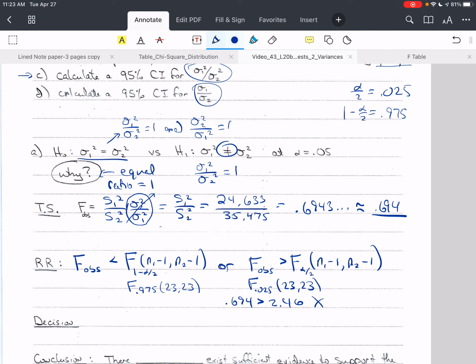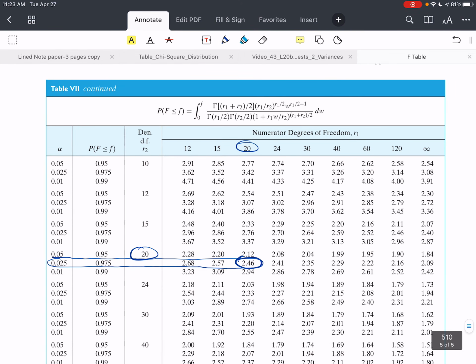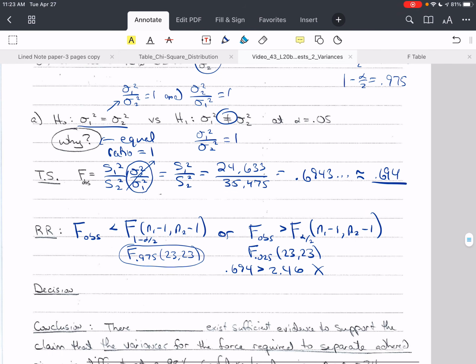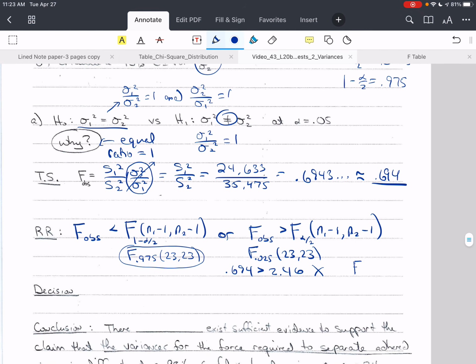Now, in order to get the other value, I don't have it in the table. If you look at the table, it has alphas of 0.05, 0.025, and 0.01. Nothing else. So that means that F of 0.975, 23, 23 will equal 1 over F of 0.025, 23, 23. Since they're the same degrees of freedom, numerator and denominator, if I switch them, I get the same.